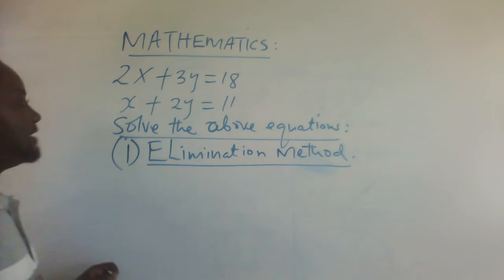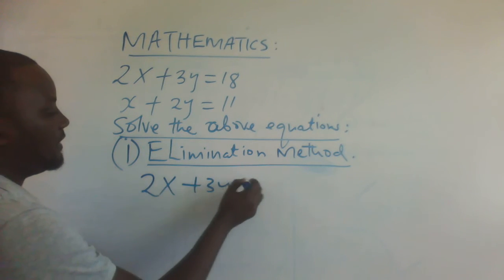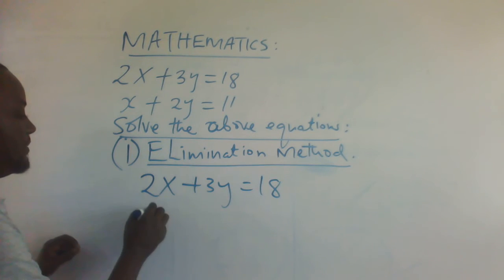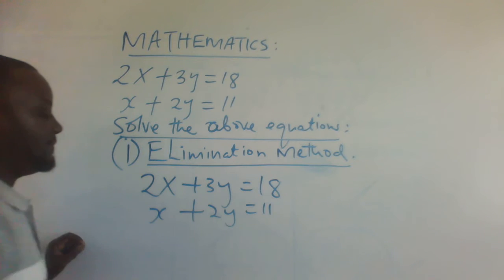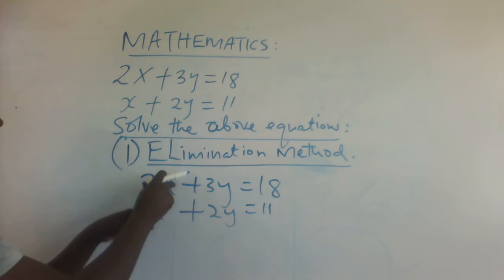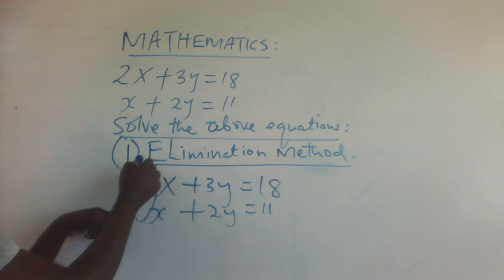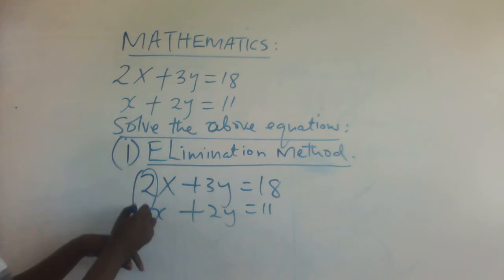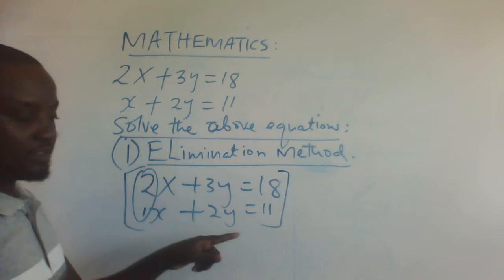If I want to eliminate x, I will have 2x plus 3y equals 18, and then we have x plus 2y equals 11. If you want to eliminate x, you are supposed to take the coefficients. The coefficient of this x is 1. That means you are supposed to multiply the two equations.